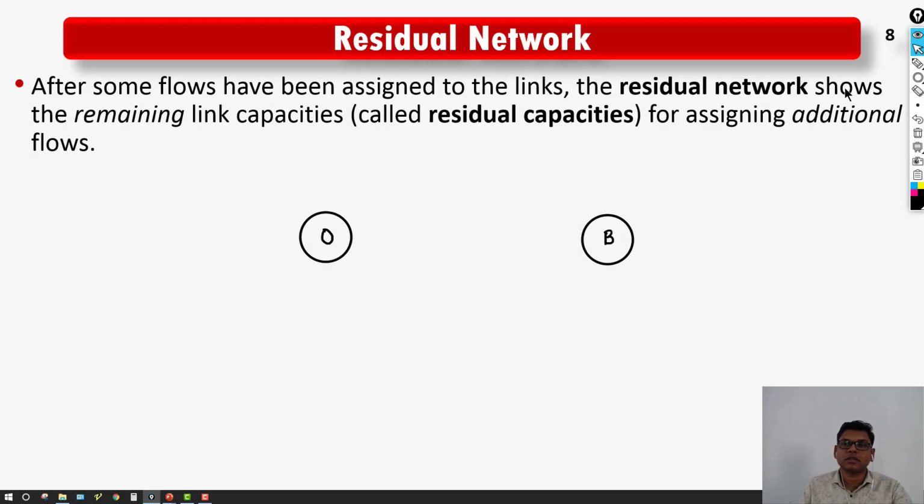So take this example only. O to B, it's 5. So draw the link between O to B. Okay, and this is having 5. So that means how many trams can go from O to B? That is permissible is 5. Means on this road 5 only can go.